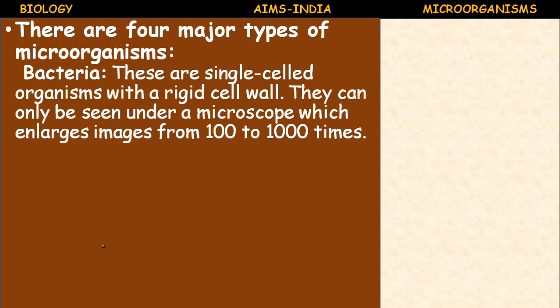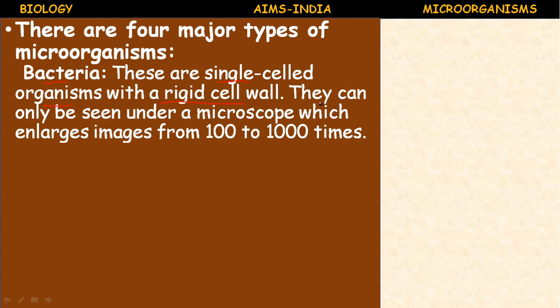There are 4 major types of microorganisms which live along with us on this earth. Number 1, bacteria. Bacteria are single-celled organisms with a rigid cell wall.